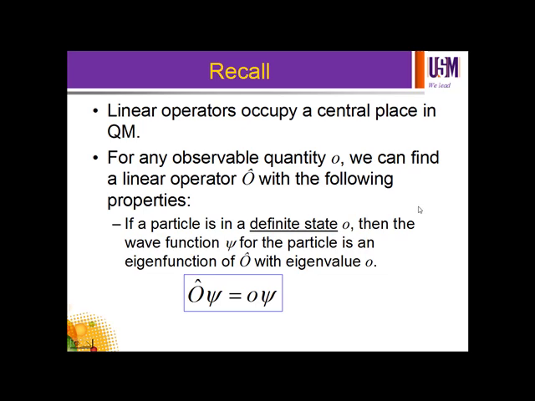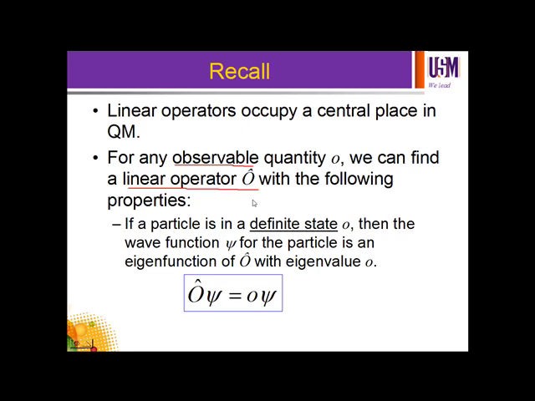For any observable quantity, what is meant by observable is the quantity which we can observe or measure. For any observable quantity O, we can find a linear operator, capital O with a hat, with the following properties.